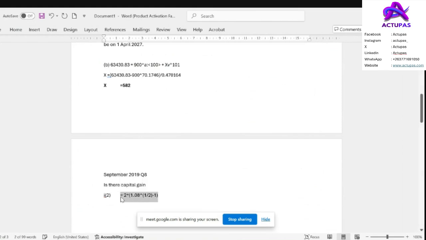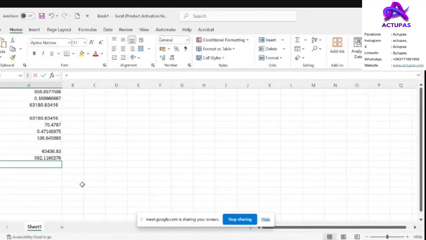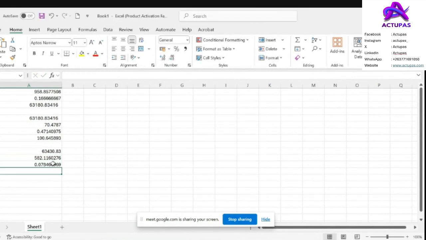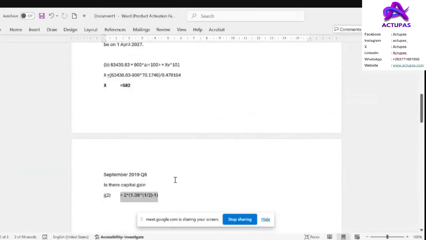This is how you get your I2. We put it on Excel, and this is 0.07846. Paste it to your answer. This would be your I2.